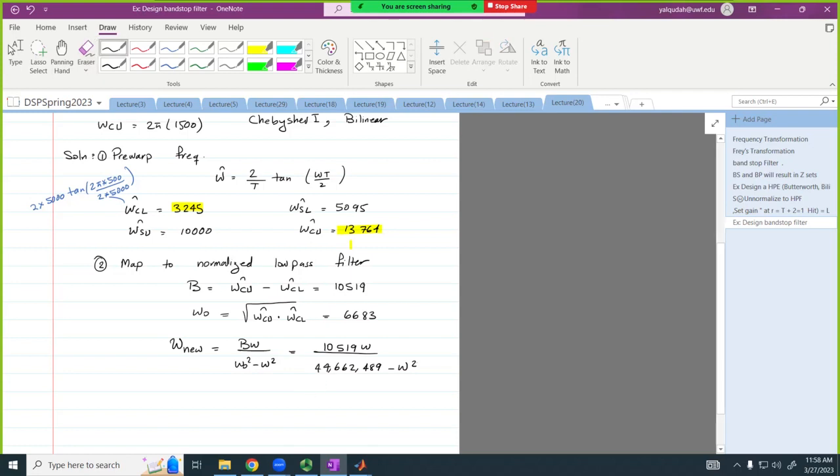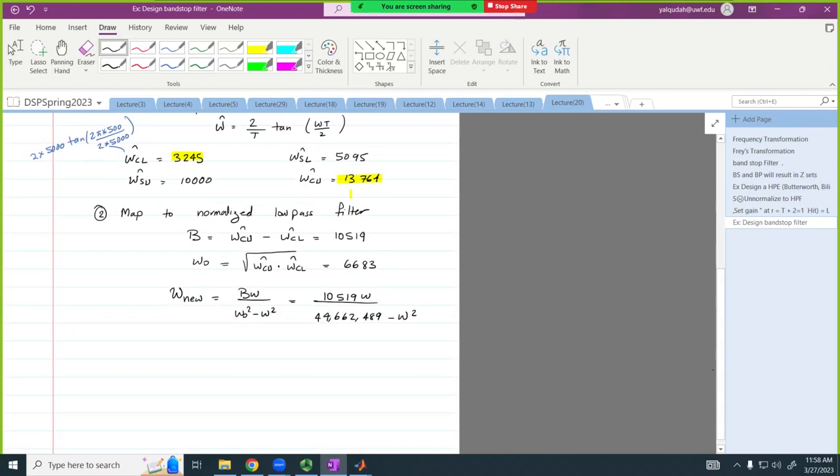Okay. So then we're gonna use the transformation to take all these frequencies and transform them. So this is gonna give us omega cutoff lower hat nu, we're gonna call it L, equal to 1. Omega stop lower hat.